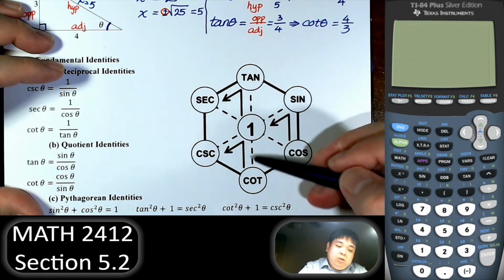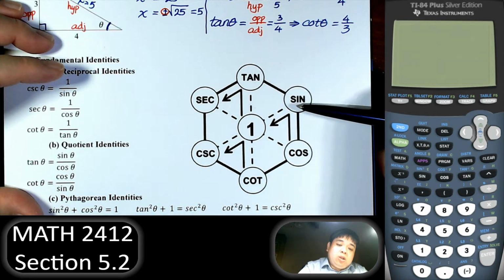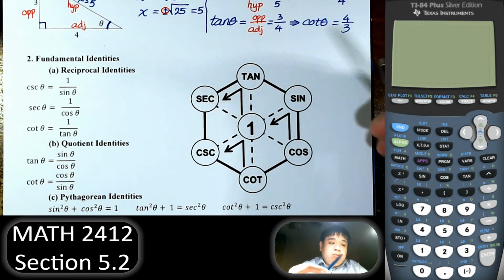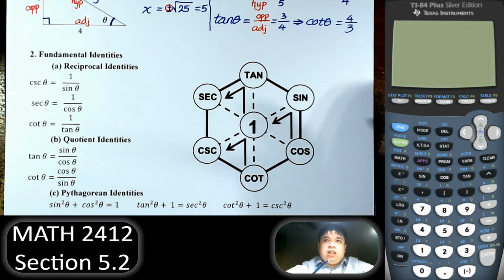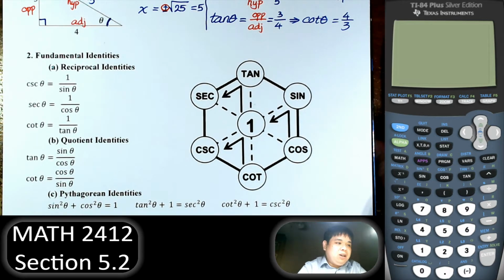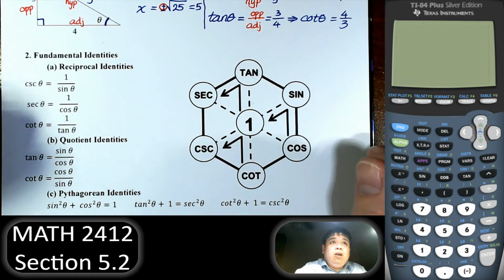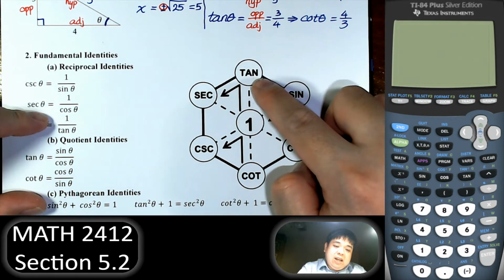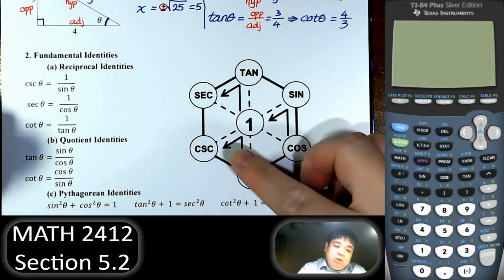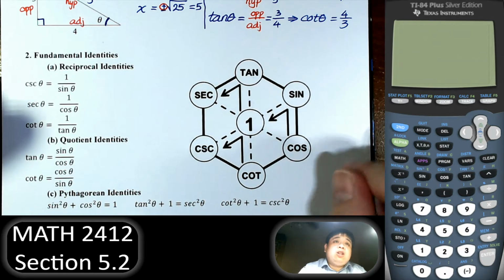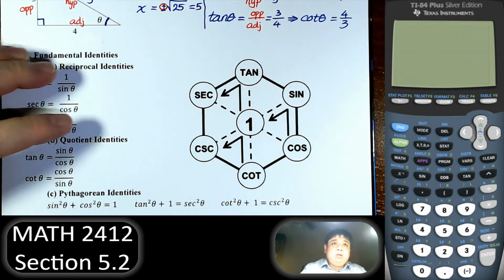And then opposite to tangent is cotangent, opposite to sine is cosecant, and opposite to cosine is secant. I mean opposite on the hexagon, from the center, not opposite in terms of mathematics, like negative. And then we have tangent is sine over cosine, and cotangent is cosine over sine.